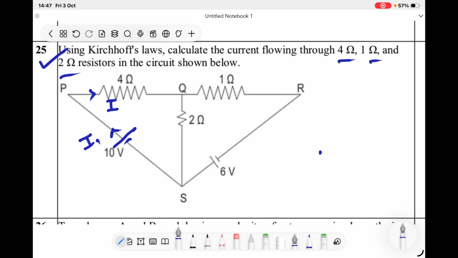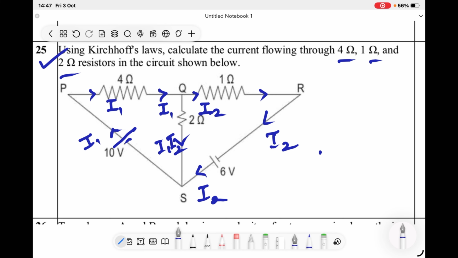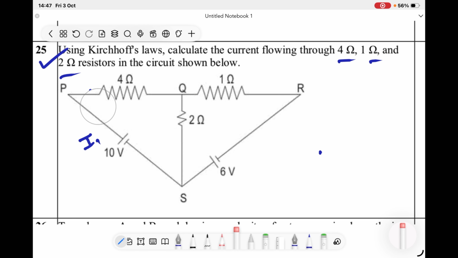I1 will flow through this also. I1 will reach here, and similarly some part of current will go through this. From I1, I2 is going through this. I2 is reaching here. And the remaining current, which is I1 minus I2, will go through 2 ohm. So you have to see the diagram once again.